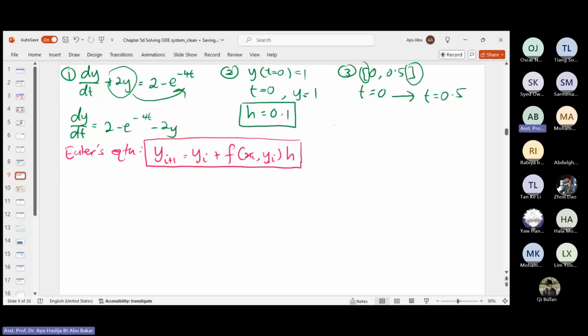Okay, then come out with your table. T from 0 to 0.5 with step size of 0.1. So step size, each 0.1.